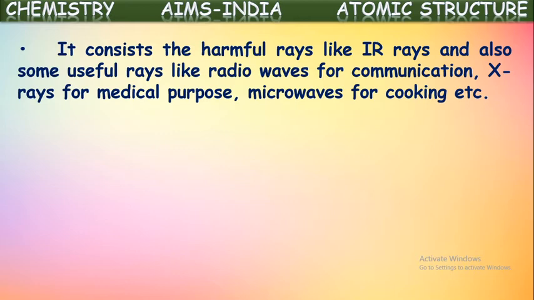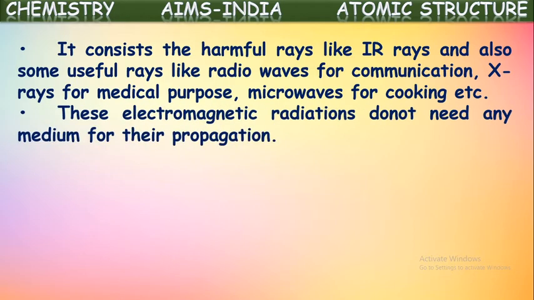This electromagnetic spectrum consists of different waves with different frequencies and wavelengths. It consists of certain harmful radiations like infrared radiation and also some useful radiations like visible light, radio waves which are used for communication, X-rays which are used for medical purposes, and microwaves which are used for cooking in ovens.